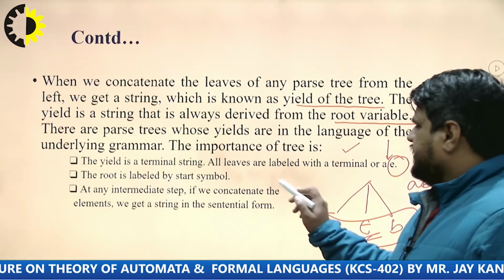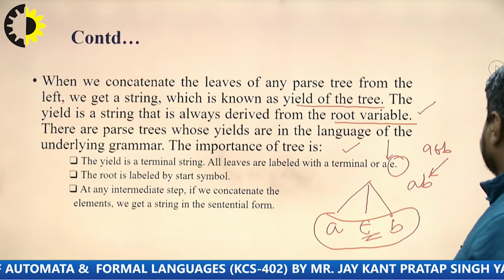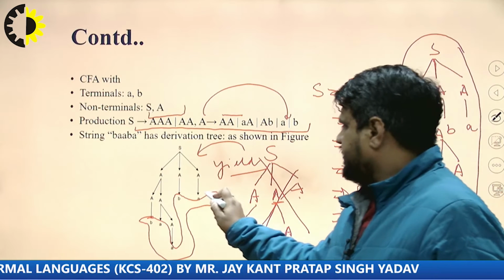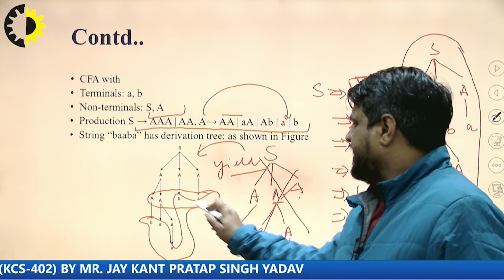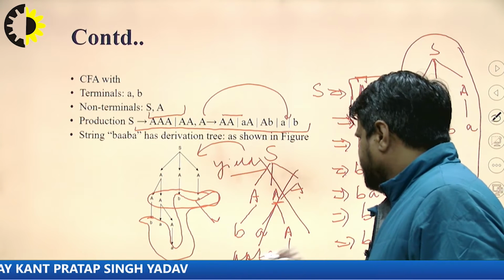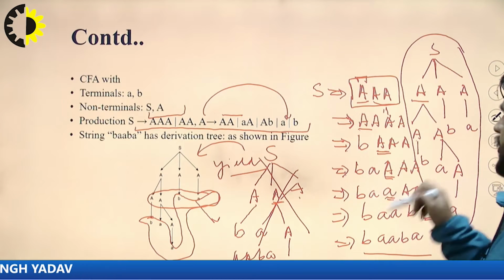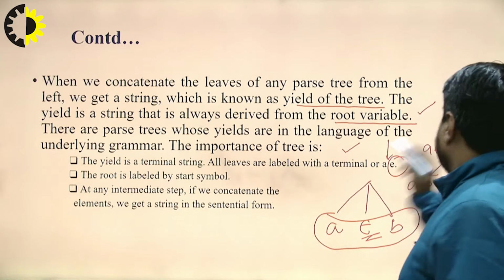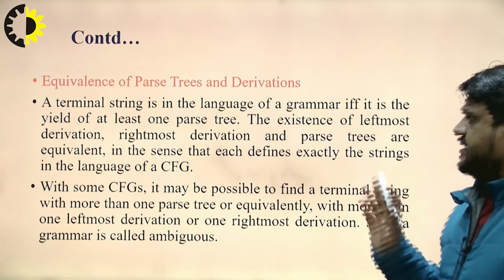At any intermediate step, if we concatenate the elements of a parse tree, we will get a string like A, B, A. So this is a sentential form. So internal nodes, yield points will always give you the sentential form.